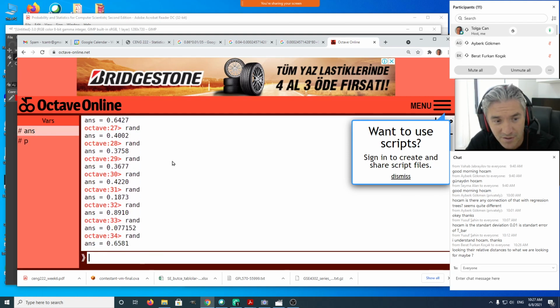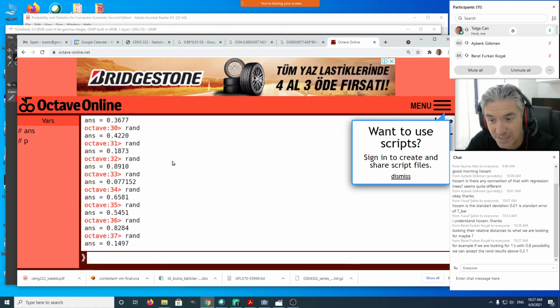Can you convert these standard uniform random numbers to Bernoulli variables? Exactly. You can do it if the rand result is above 0.2, accept it as 1, otherwise 0. That's perfectly fine.